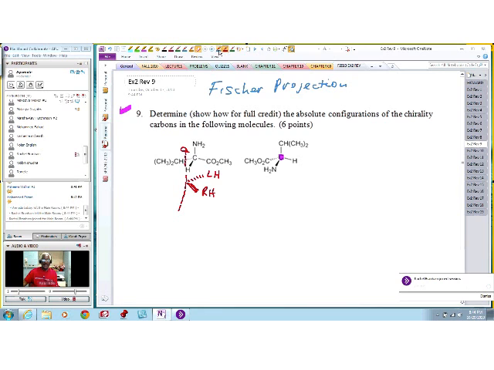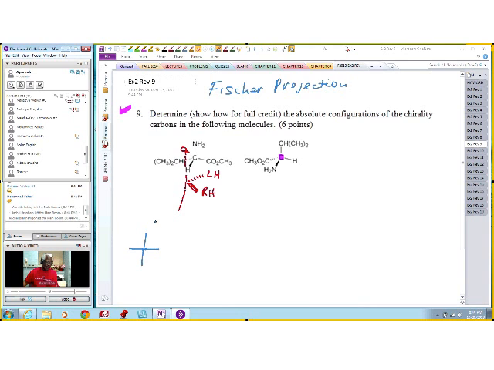Okay, let us now draw the Fischer projection. The central carbon is this here. I want you guys to tell me what group or atom is on my right. What group or atom is on my right?